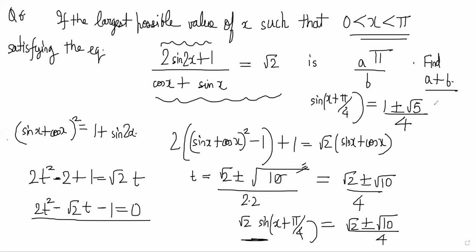Root 5 minus 1 by 4 is a positive value, so we'll take that one because sine should be positive in this range. So x plus pi by 4 is equal to sine inverse of root 5 minus 1 by 4, right?